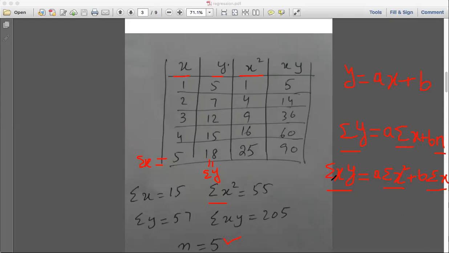And we also need in this equation summation xy, so multiply these x and y. 1 multiplied by 5 is 5, 2 multiplied by 7 is 14, 3 multiplied by 12 is 36, and similarly the other values. And when you sum all of these xy, the summation xy will come 205.